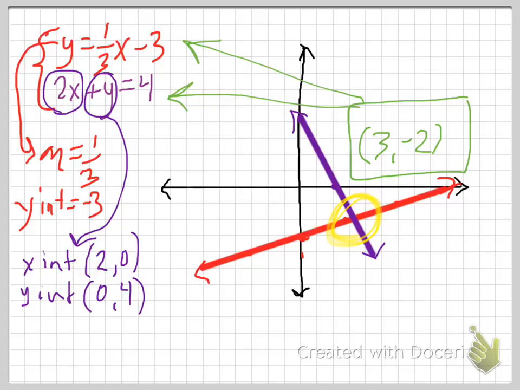So you could plug those in just like we did in Objective 1 that we were just doing on the previous screens. You could plug it in and see if 3, negative 2 actually works. If it works, then you know you have it right. But you don't have to do that every time. So that's how you solve a system graphically, is you graph it and look for where it crosses. Okay?